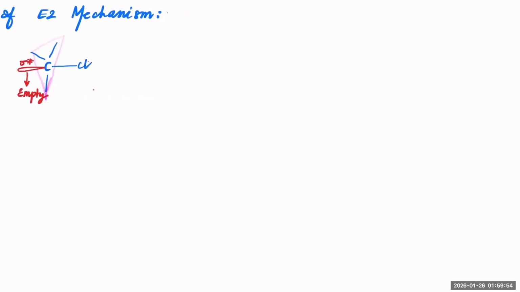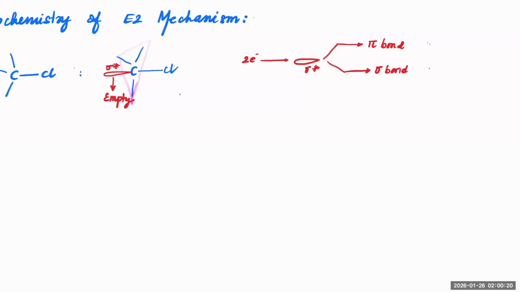Now, whenever the electron starts coming into sigma star orbital, as the electrons enter into sigma star orbital, it will start forming either a pi bond, slowly convert itself into a pi bond, or it will start converting into a sigma bond. Okay? Keep this in mind as well, that as the bond keeps moving away, it will start converting into either of this bond formation. Either it will become a sigma bond or it will become a pi bond.